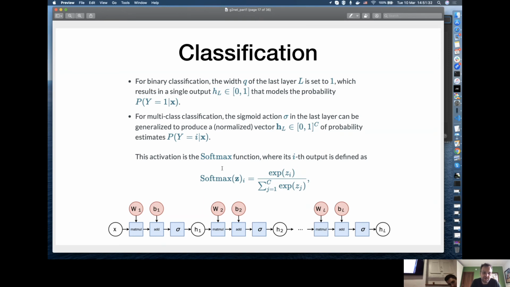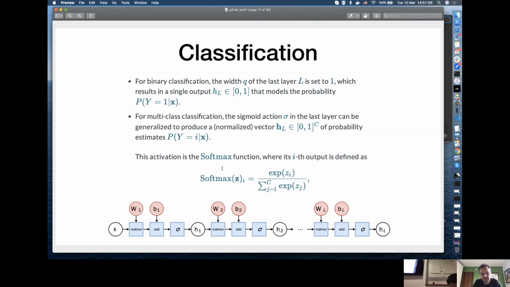So basically, for classification, a neural network will have the same structure as for regression. So it produces a vector of numbers in output. But then at the last operation, you will convert those numbers into something that is compatible with the definition of probability.